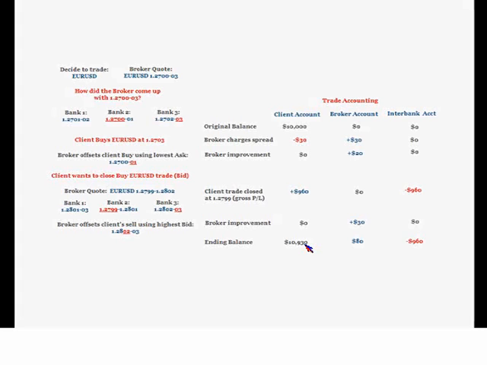A broker in reality that has multiple bank feeds may be seeing prices change thousands of times per minute, but maybe they're only showing you that price 1 tick per second or every 2 seconds.